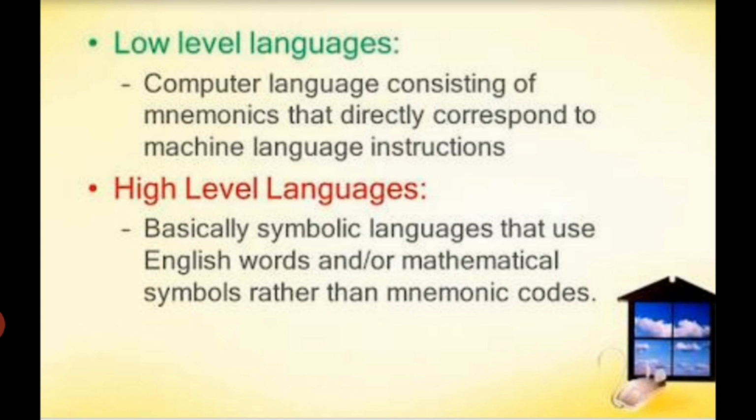The instructions that we give under machine language are given with the help of a code named binary code. That means machine language uses binary code to give any sort of instructions or commands. Now this binary code is made up of zeros and ones.